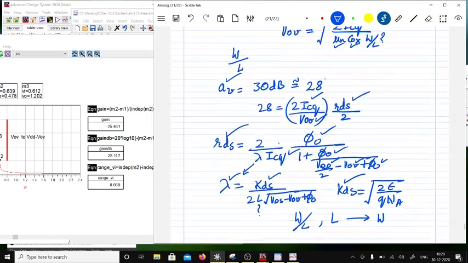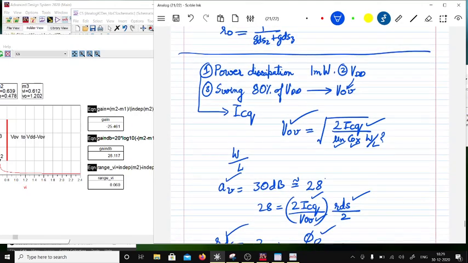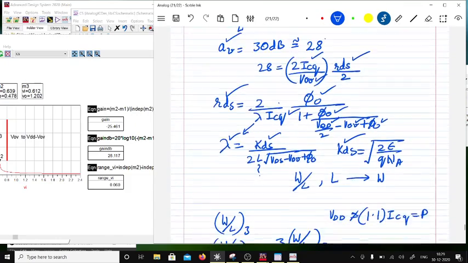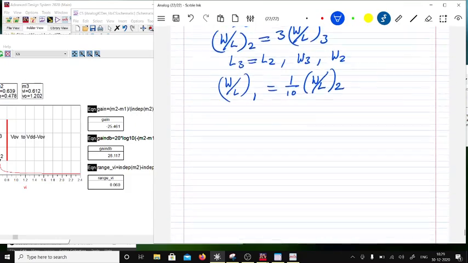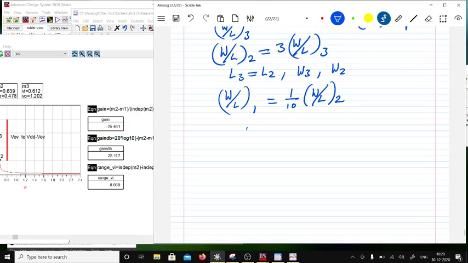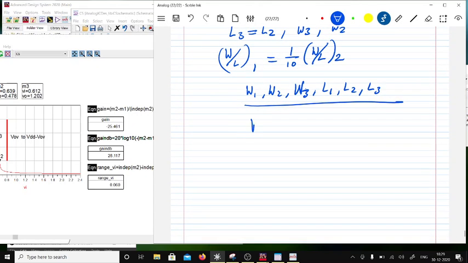So now this is a problem which is called synthesis. You have synthesized for a given gain and given swing and given power dissipation, you have figured out W1, W2, W3, and then you have also figured out L1, L2, L3, and from this you have also found out the bias point, which is V overdrive 3, which is the same as V overdrive plus VT.